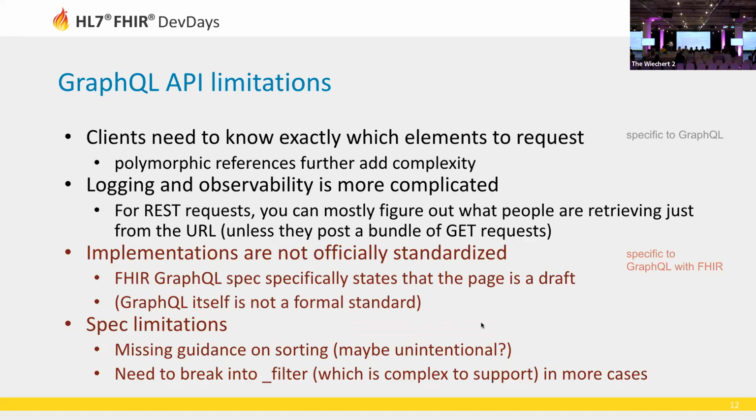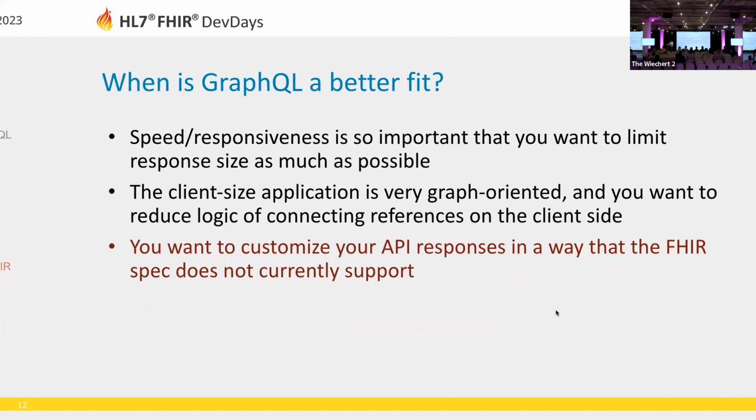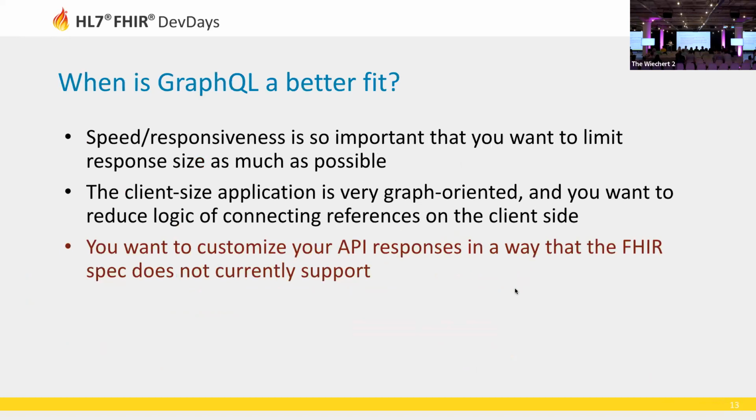And these last things, the ones that are a different color, are specific to the FHIR GraphQL spec, which is that the GraphQL spec on FHIR is still a draft. There is some missing guidance in it, actually. And you might see that as a pro or a con. In our case, we try to take full advantage of this. So if you are thinking of implementing GraphQL, there are some things you want to think about, like the things that we mentioned before.